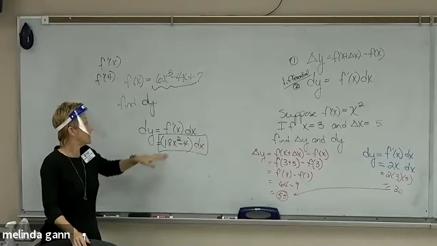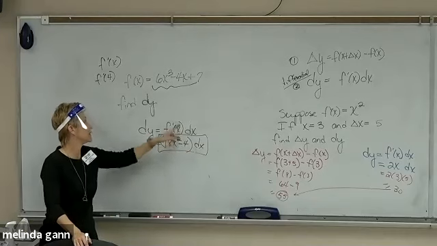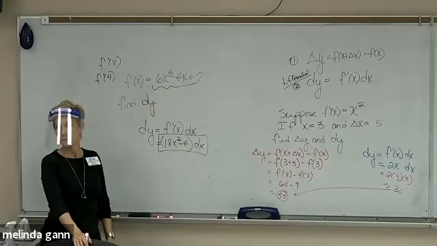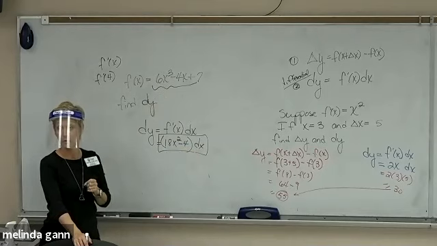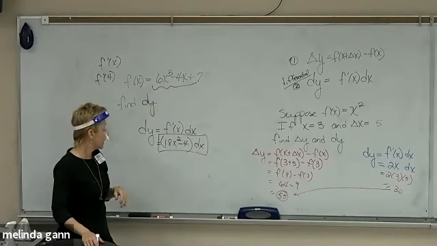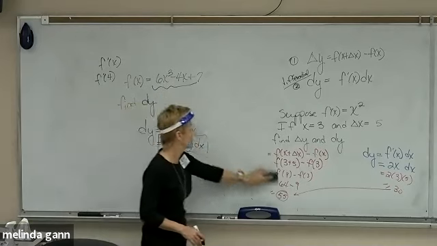So make sure that if I ask you to find the differential, you don't forget that dx there. Naturally, if these were z's, that'd be a dz. But that's the two things on your final that you're going to have to do with differentials.